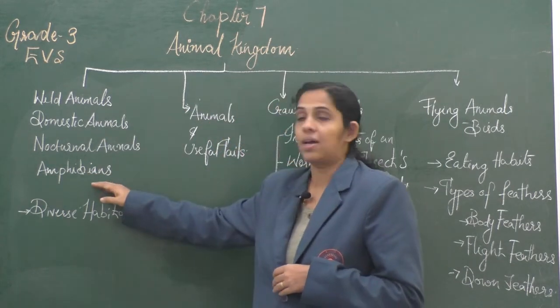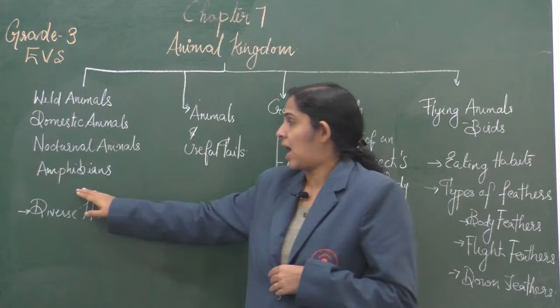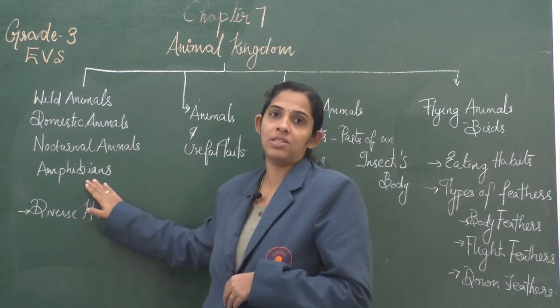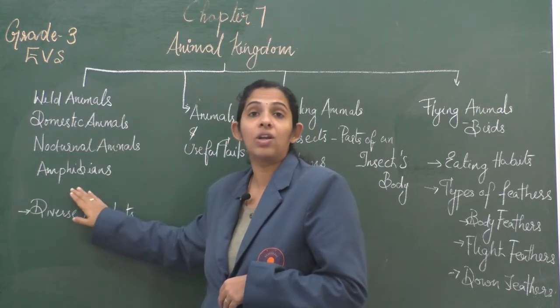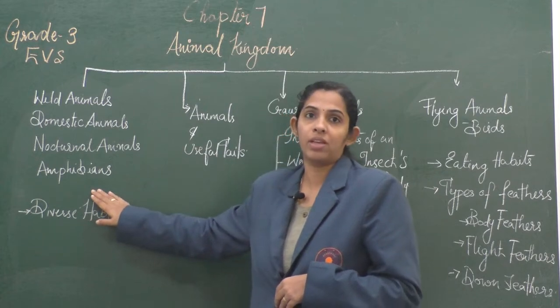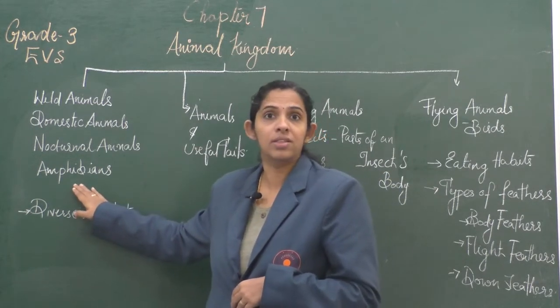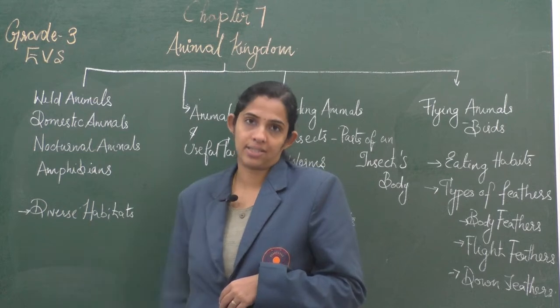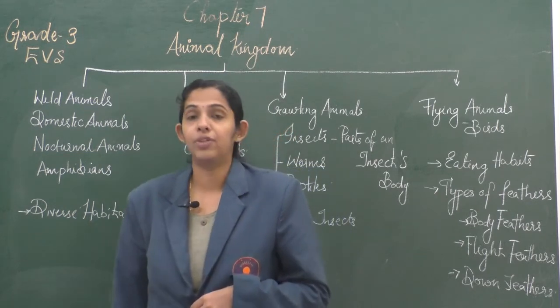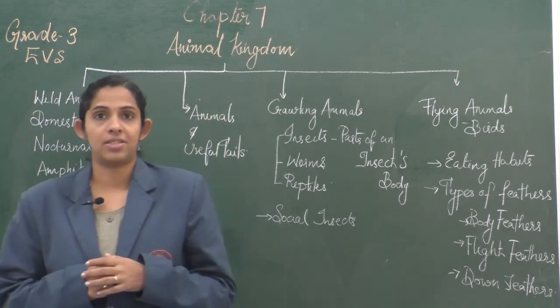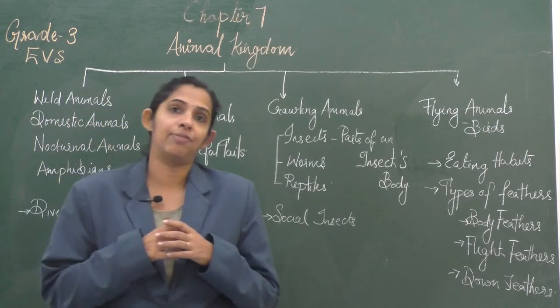And last, we have seen about amphibians. Amphibians are the group of animals which can live on land as well as in water. For example, frogs, turtles, salamanders, etc. After that, we have discussed the diverse habitat in which these animals live.